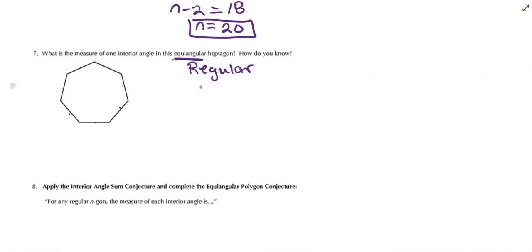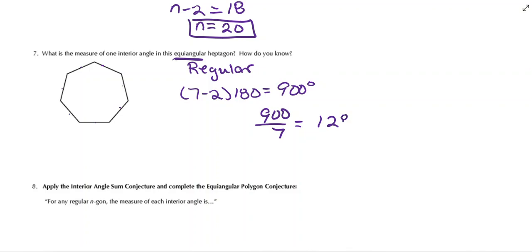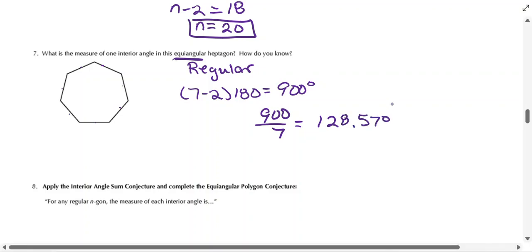So with 7 sides, we would do 7 minus 2 times 180, which would give us 900 degrees. But all the angles are equal, so we could do 900 divided by 7, which gives us 128.57 degrees at each angle.